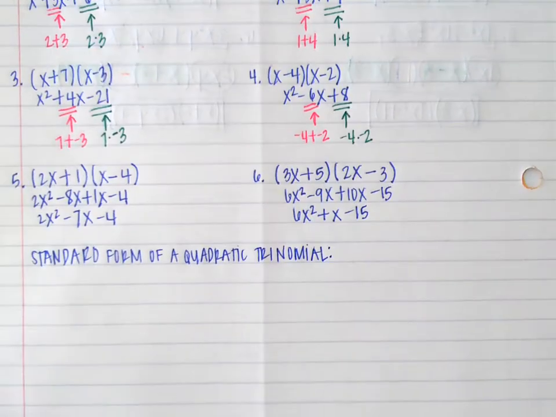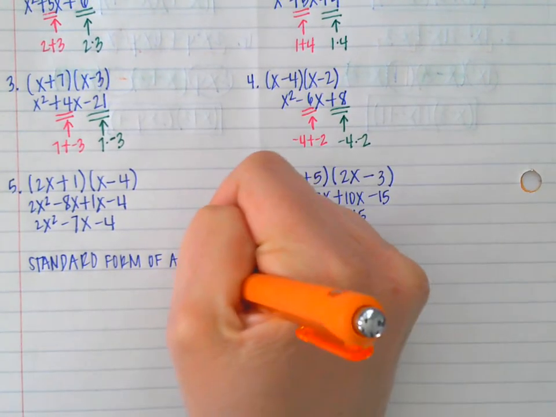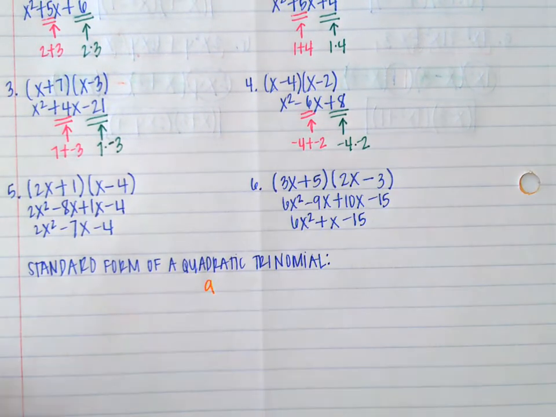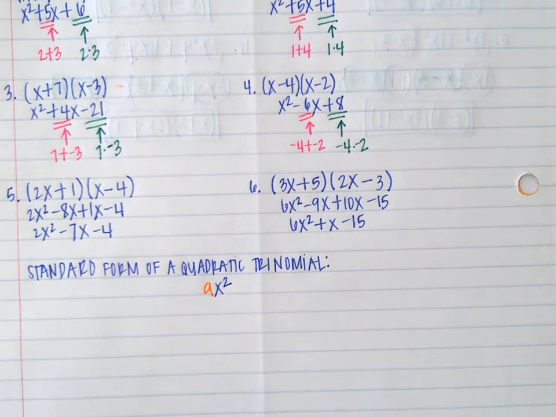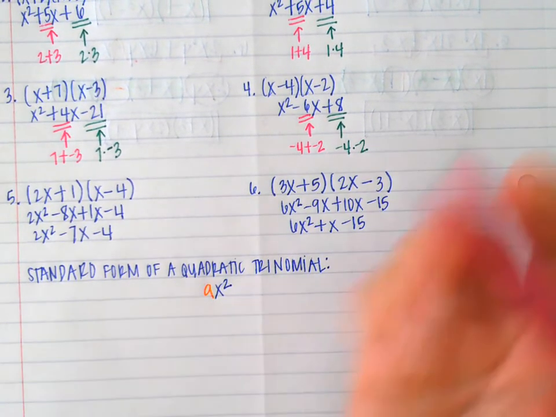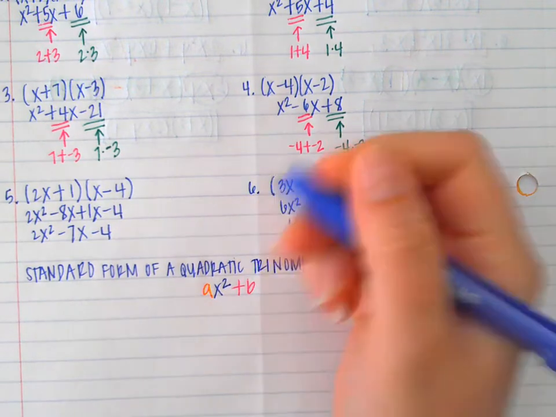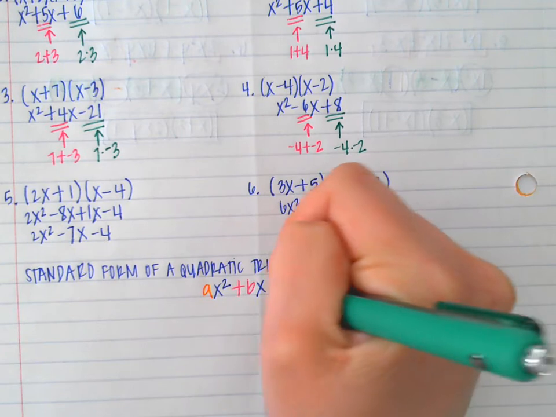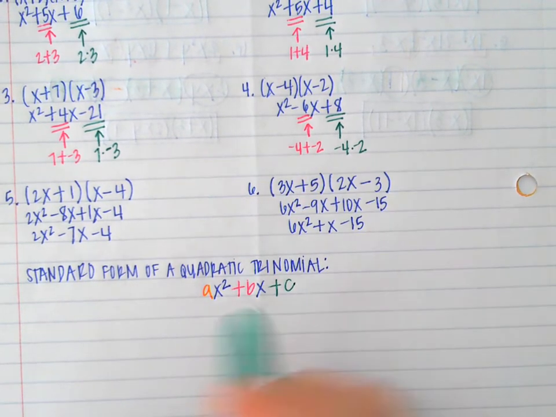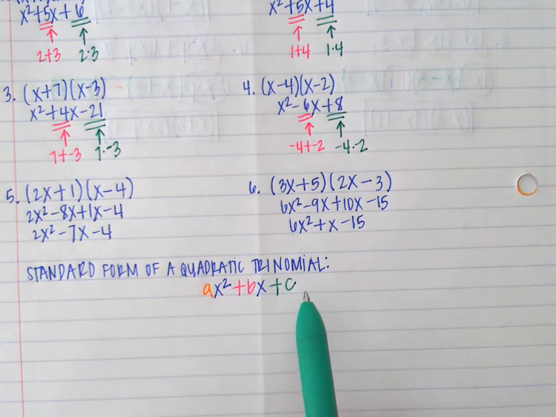Okay, so that is going to be A, that's where our A is coming into play, x squared, and then my middle term, we call that B, so plus Bx, and then my last term is C. So A is always the leading coefficient, ax squared plus bx plus c.